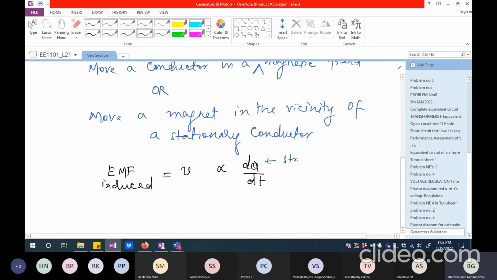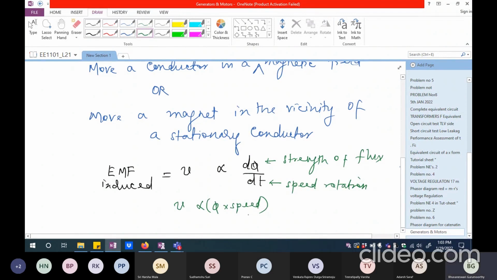One is the strength of the magnetic field itself, and the second is how fast the magnet is being rotated or moved. So in general, the speed of rotation also determines how quickly the rate of change of flux is happening. So V is proportional to flux multiplied by speed. Both of them play a vital role in determining the value of induced EMF.